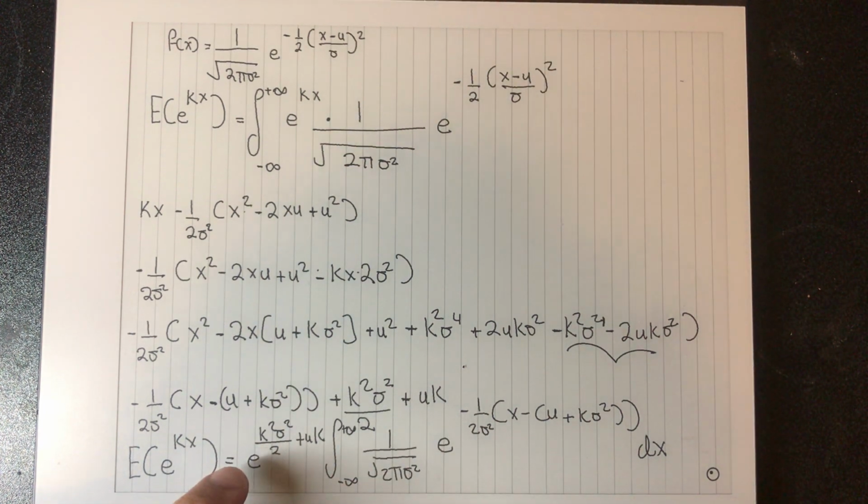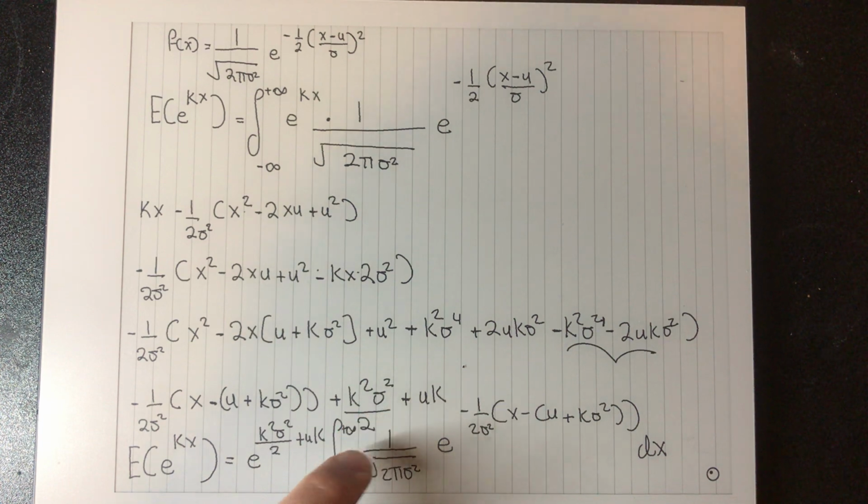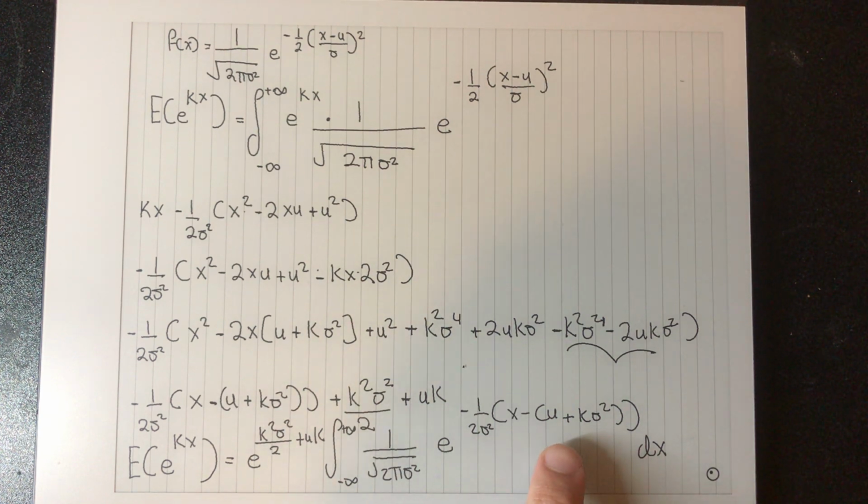So I could take it outside, and basically what we have over here is simply the PDF of the normal distribution. And over here, all that's happened is that mu, which is the mean of the normal distribution, has been shifted by a value of k sigma squared.